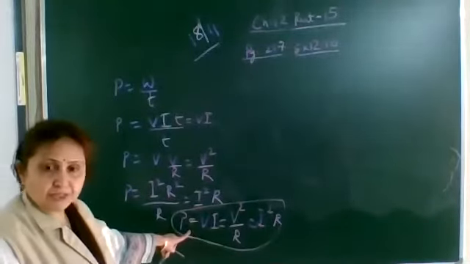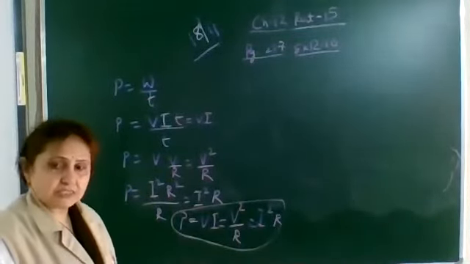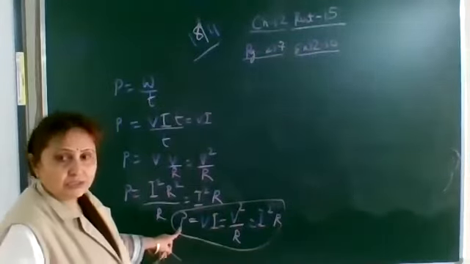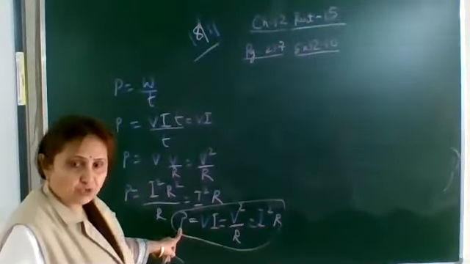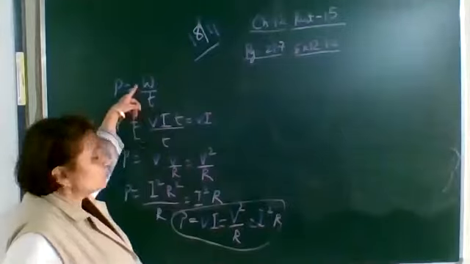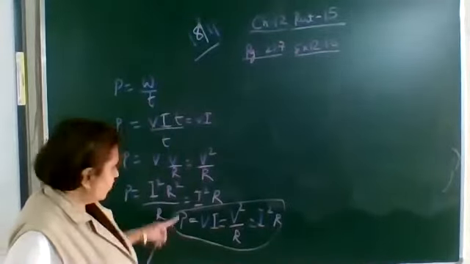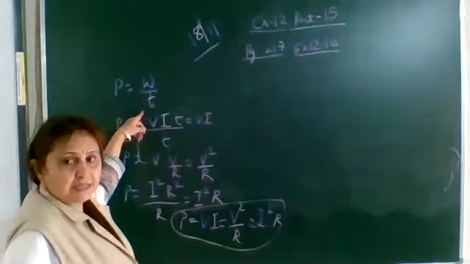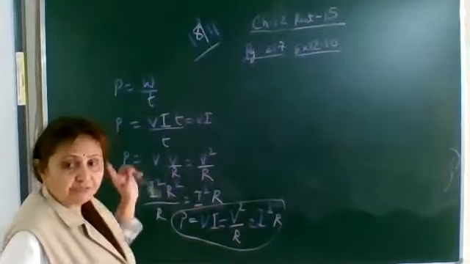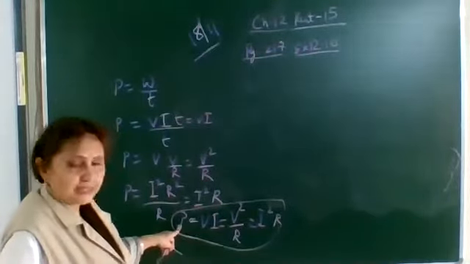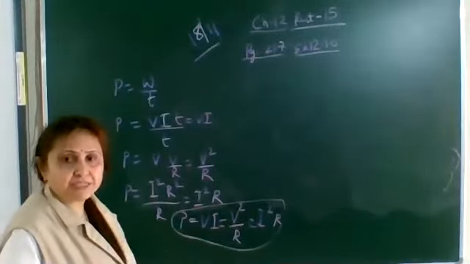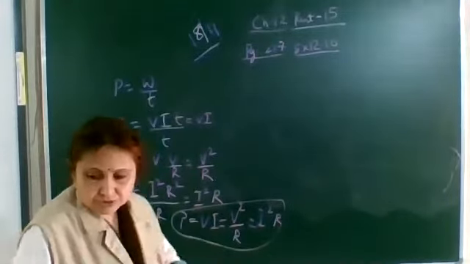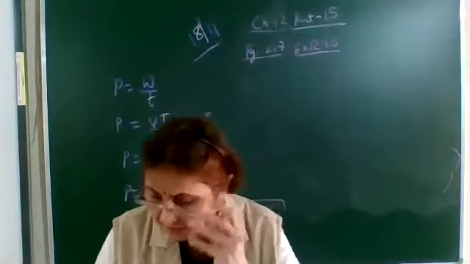The unit of electric power is the same as that of mechanical power, which is watt, or joule per second. When 1 joule of electrical work is done in 1 second, the electric power is said to be 1 watt. We'll discuss it later on also, after doing these questions.